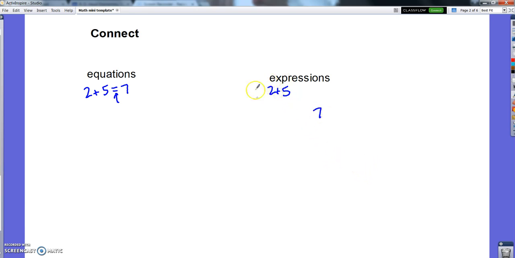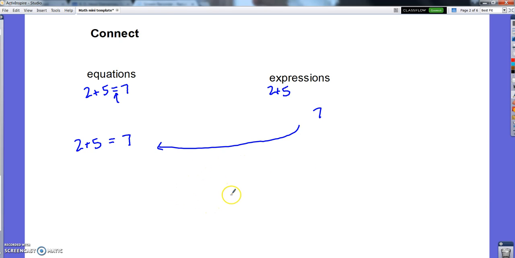And since this expression and this expression are equal, I can make them into an equation by putting an equal sign between them. So that's super low elementary level stuff.